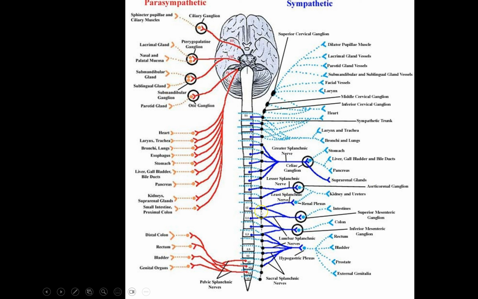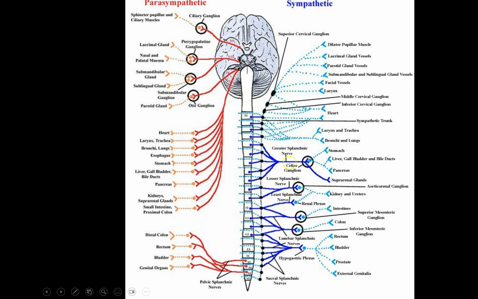And then we have from L1, L2, the least splanchnic, and the lumbar splanchnic nerve, which is relaying in the superior mesenteric ganglion and the inferior mesenteric ganglia supplying the intestine.